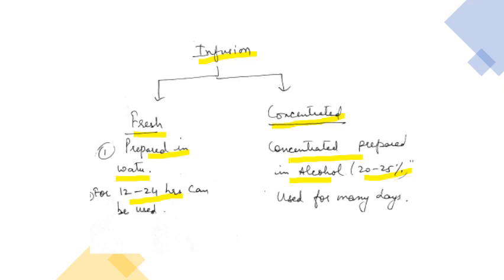So that is the difference between the two types of infusion. If we prepare it in water, it is called the fresh infusion. If we use alcohol as the menstruum, it is the concentrated form, which can be used for several days for the analysis.